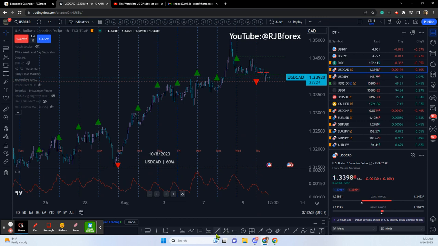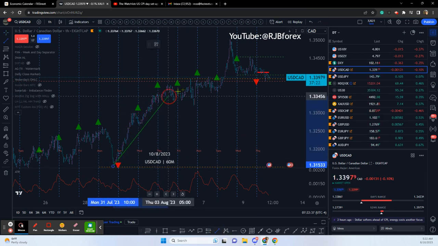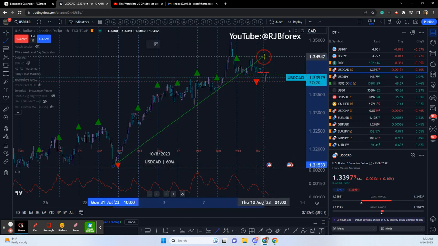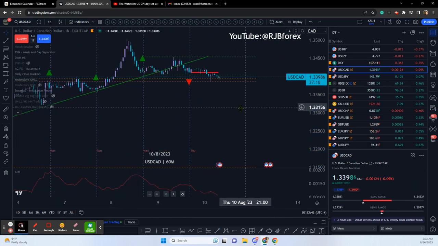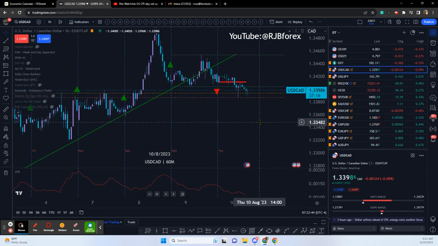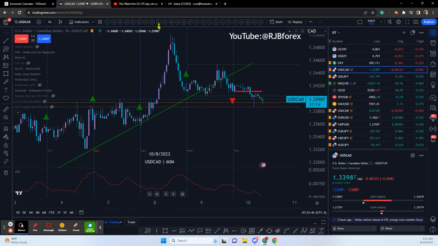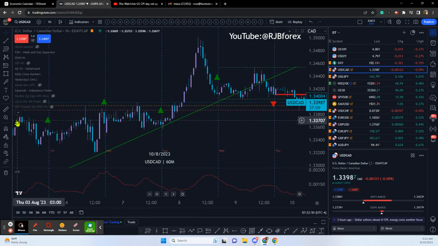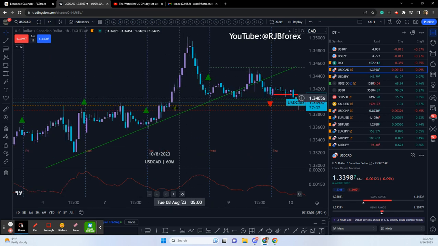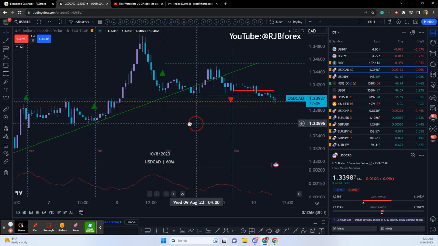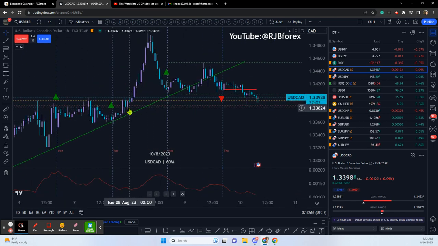So we've got all of these longs that are in the money. On the hourly basis, we can't really call this a broken down market yet until we get below 133.80.